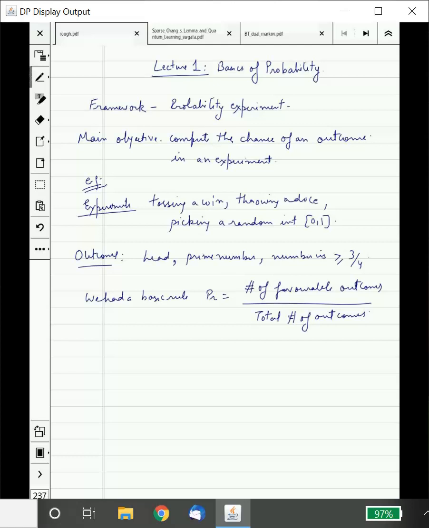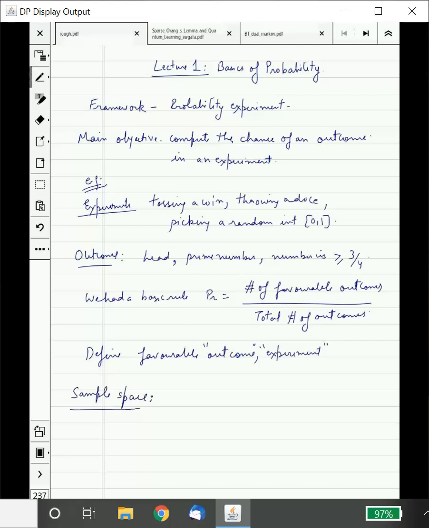So our next goal is to define words like favorable outcome, even the word outcome, experiment more rigorously. This is what is going to be our first aim. And this is done by something called the sample space.